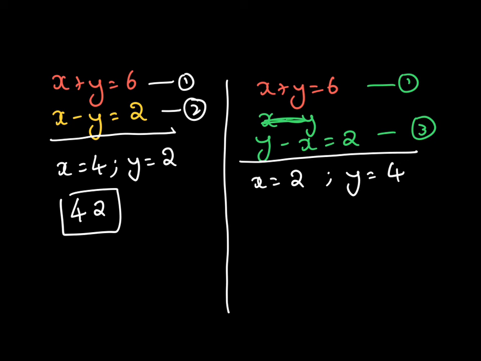So the number in this case will be 24. So we have two such numbers, 42 and 24. Good luck to solve. Try it out and I'm sure you will be able to get the right answers.